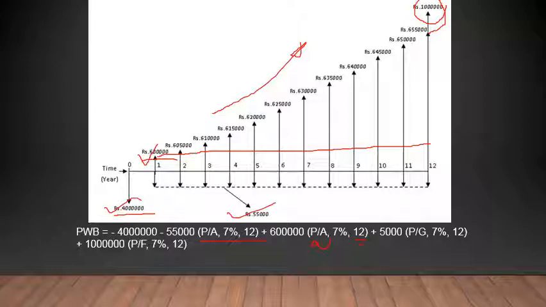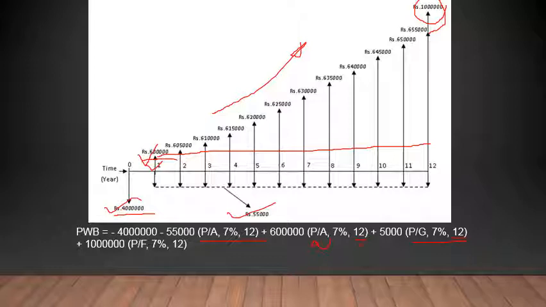What else remains? G remains, that 5,000. Use the factor 5,000 P by G comma 7 comma 12. So here again, how many G's are there? 11 G's plus the initial amount, 11 plus 1, 12, and hence 12.